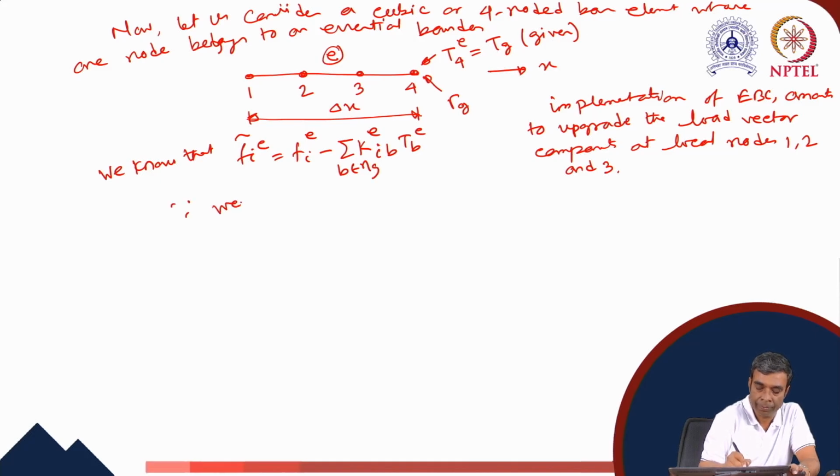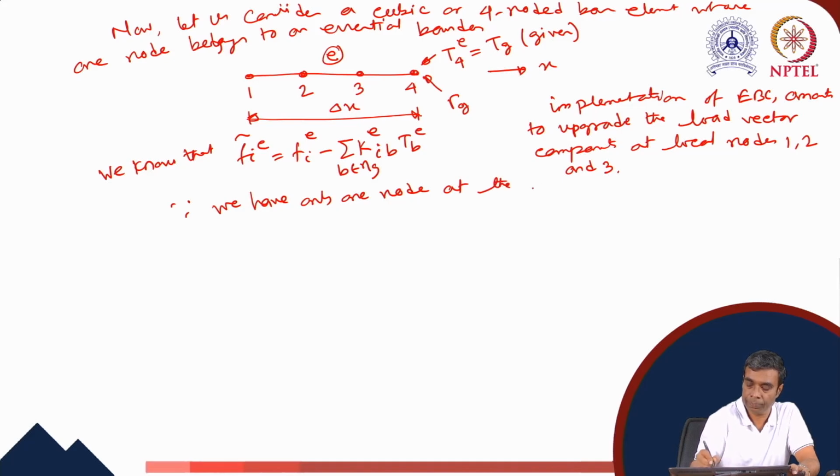Since we have only one node at the boundary, here B equals to 4.